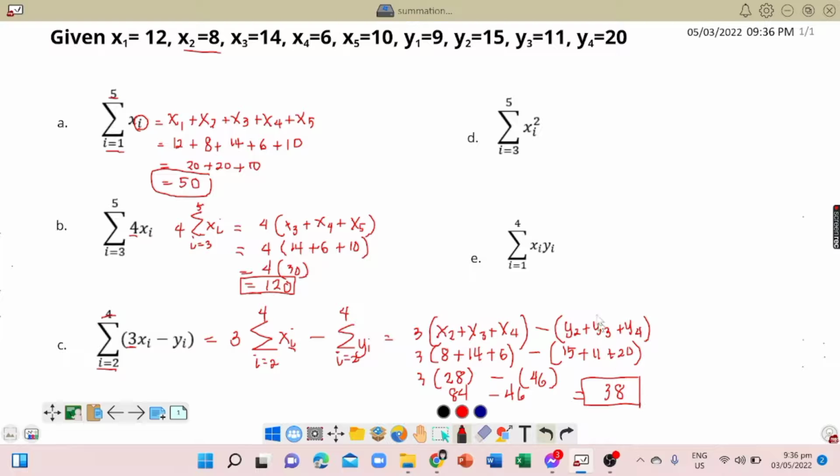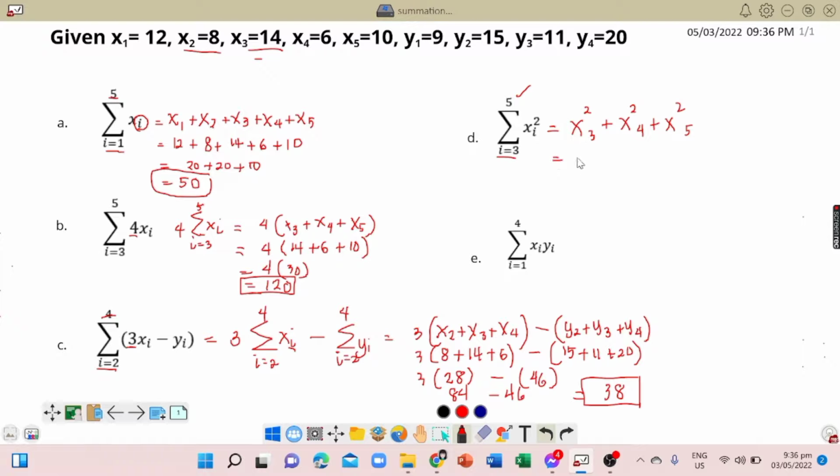Now, we will proceed to letter D. So, in this example, our element has an exponent. The starting value is 3. The ending value is 5. So, we write x squared sub 3 plus x squared sub 4 plus x squared sub 5. Okay. So, we substitute the value of x sub 3, which is 14.